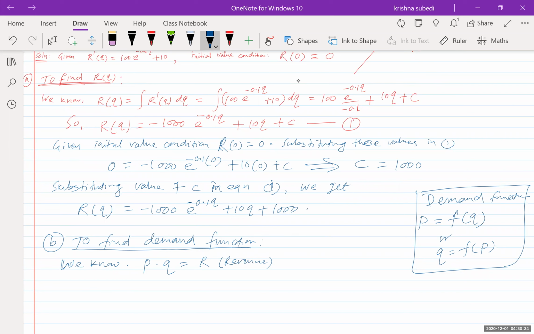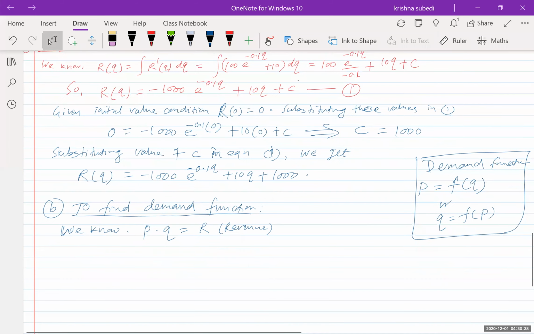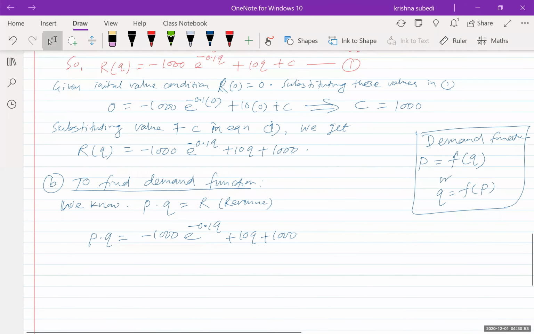Okay. So which one will be easy here? Let me just put this value here. P times Q equals R. We already know R is negative 1000 e raised to power negative 0.1 Q plus 10 Q plus 1000. Now, which one will make life easy is, I think, we want to write P on this side because everything is Q on the right hand side.